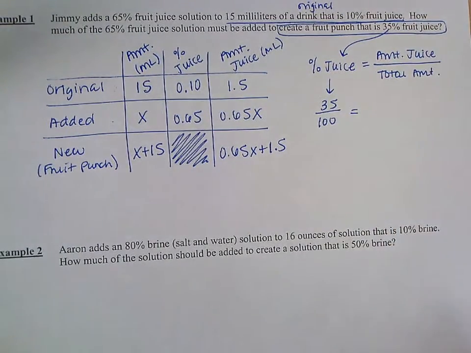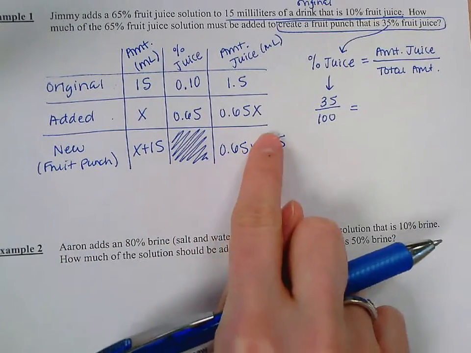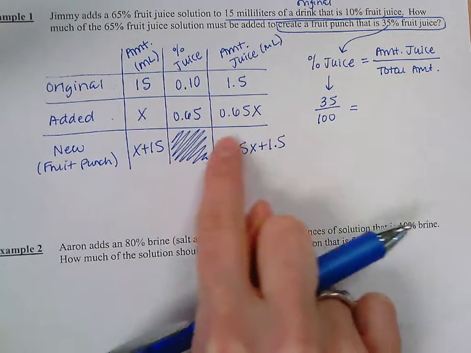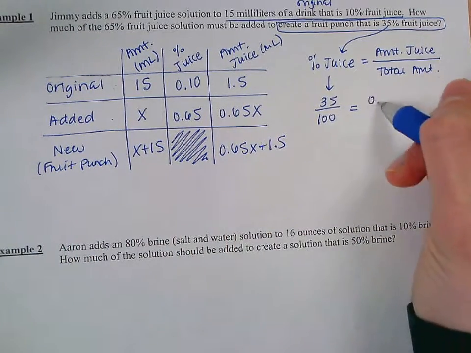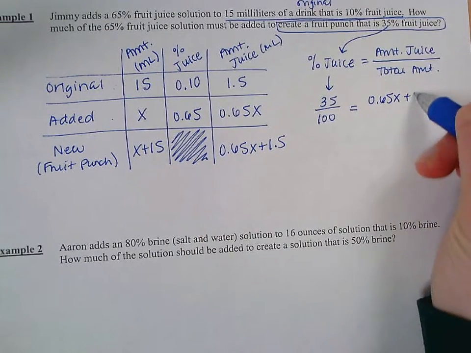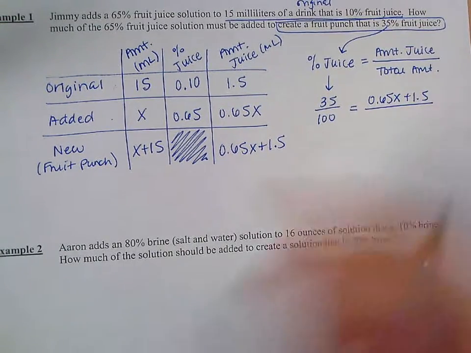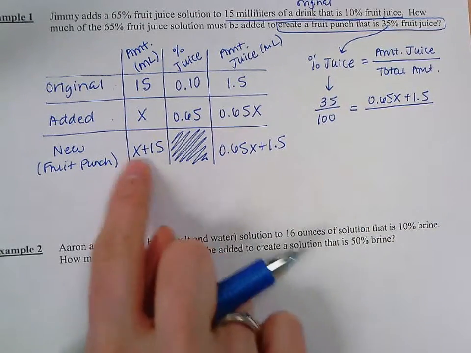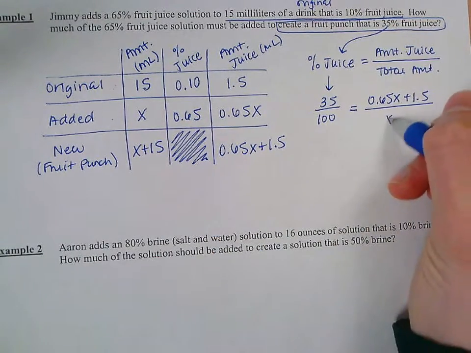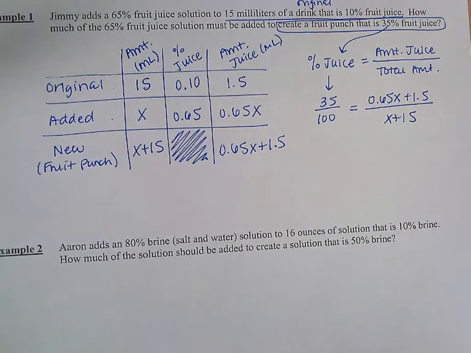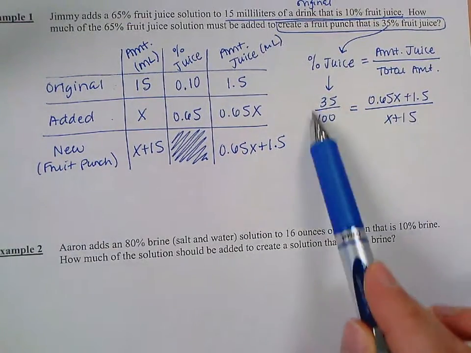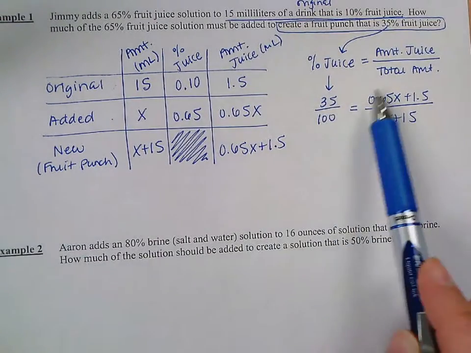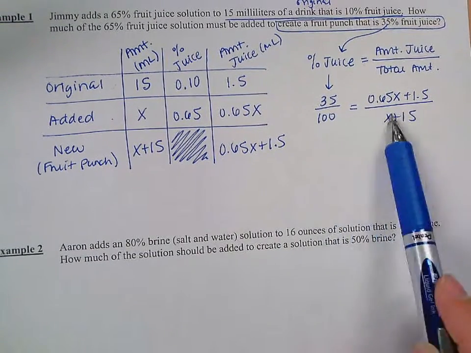And then equals, in my fruit punch, the amount of juice is 0.65x plus 1.5 over the total amount in the fruit punch, which is x plus 15. And here's an equation that I can solve. It's a rational equation because I have two rational expressions in it.